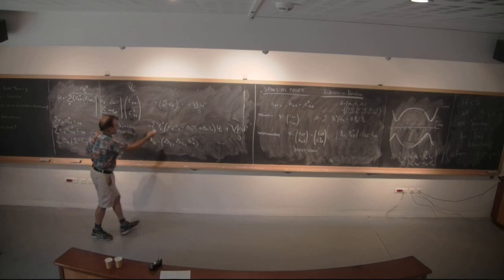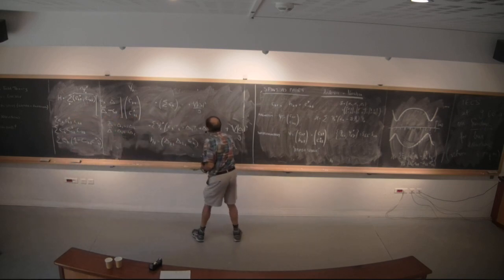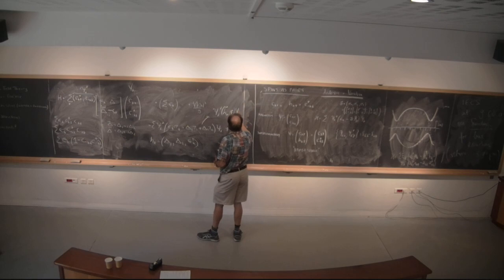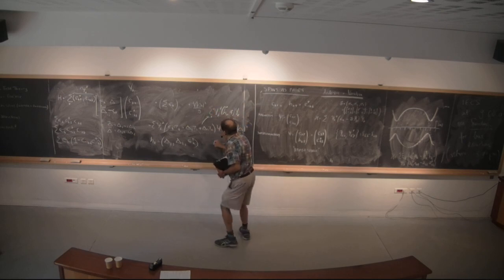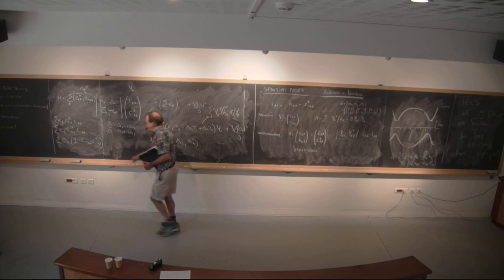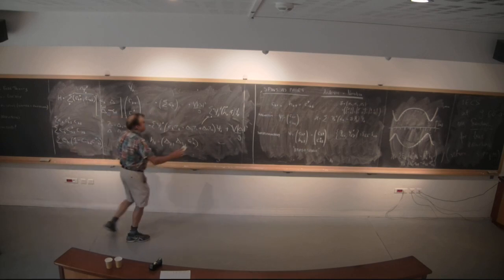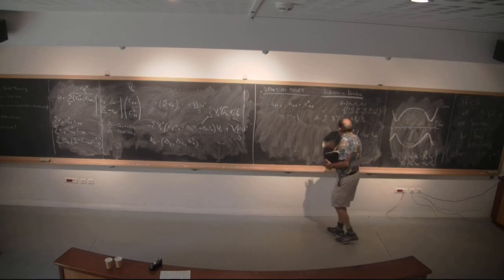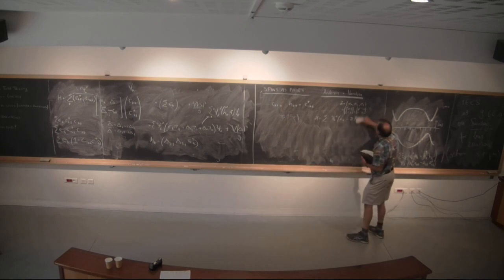We can then rewrite this in the very compact form, psi of k, h of k dot tau, psi of k. And so, well, that's our Hamiltonian. And we can immediately start to use all we know about magnetism to understand superconductivity.